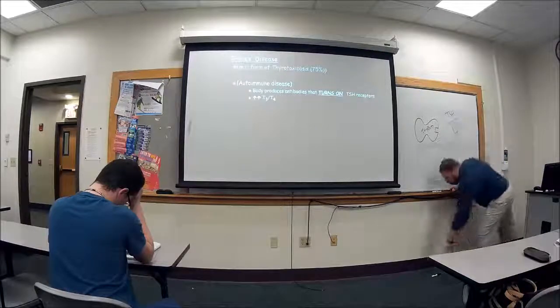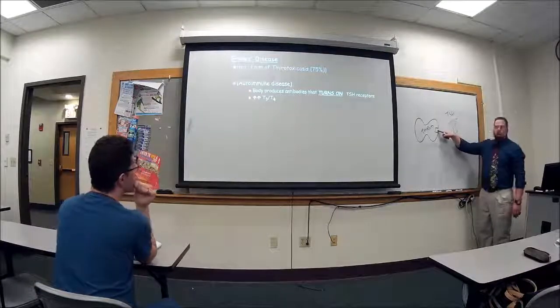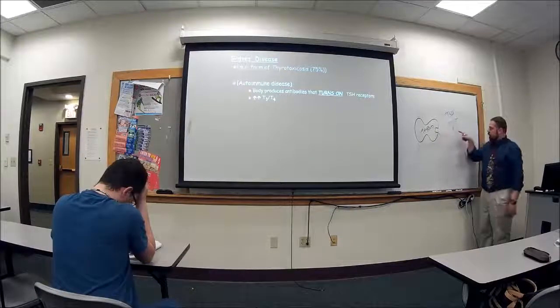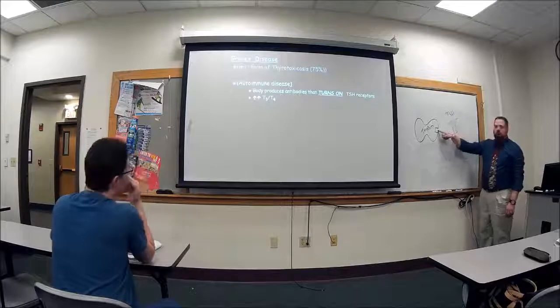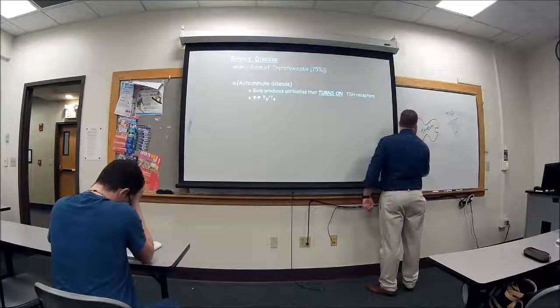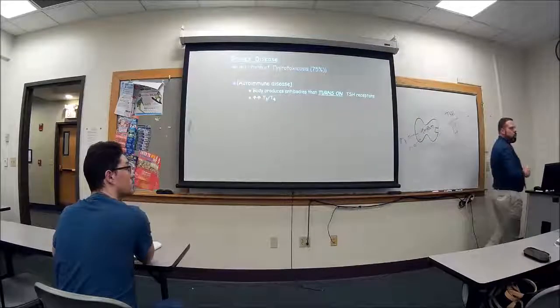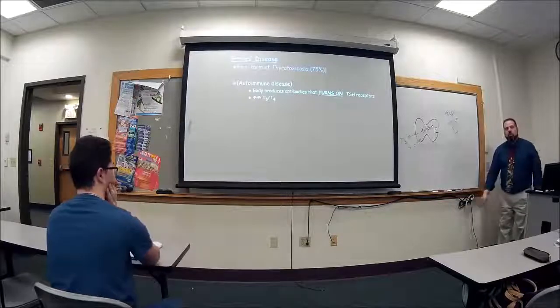When TSH comes out of the anterior pituitary, it's going to go into this like a lock and key, right? It's going to fit right in there, and when it does, it's going to spit out T3 and T4. Okay? Just regular A&P 2 stuff.